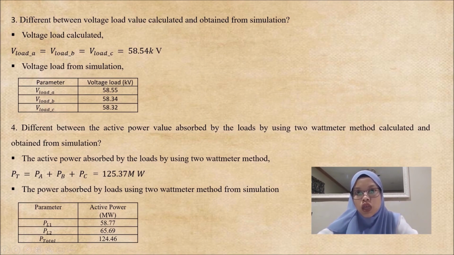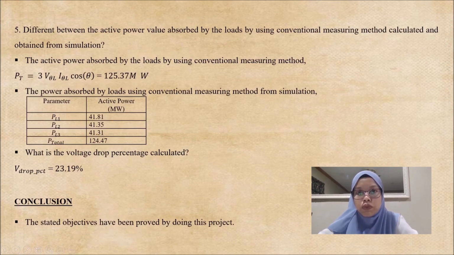It shows a slight difference from the calculated value. The total active power for the conventional measuring method from the simulation is 124.47 megawatt. It also shows a slight difference from the calculated value.